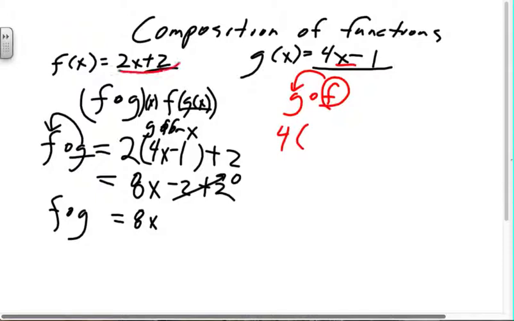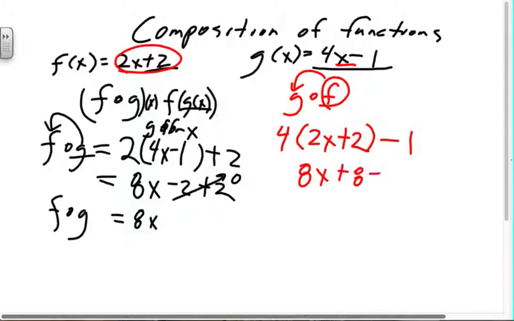So I take f and I put it in. 2x plus 2 minus 1. Distribute, I get 8x plus 8 minus 1, or 8x plus 7. And this is Goff. Okay.